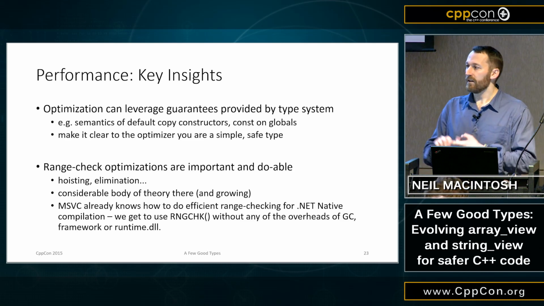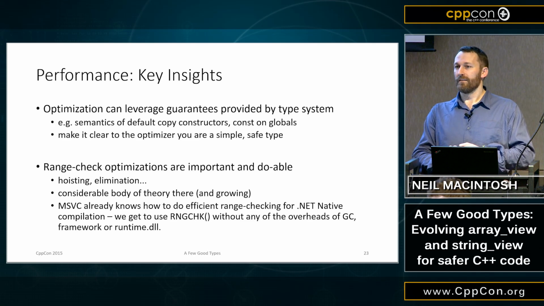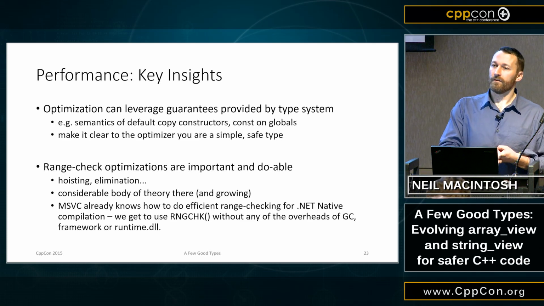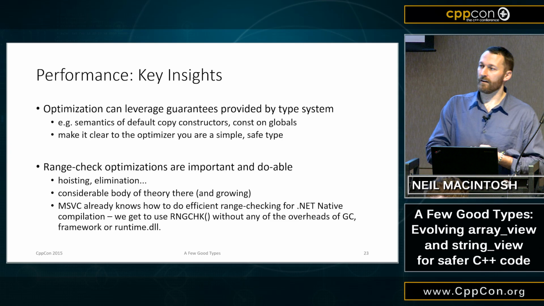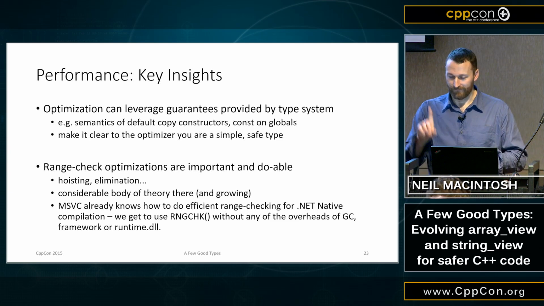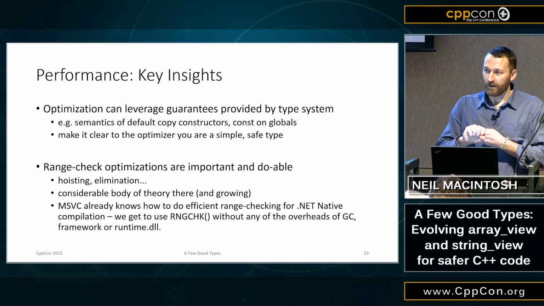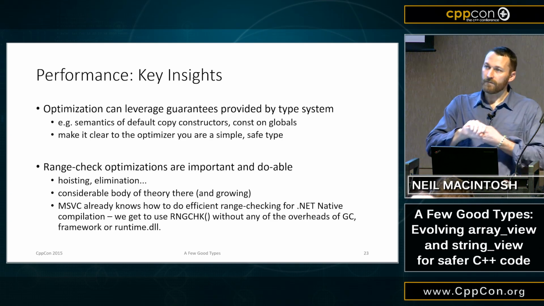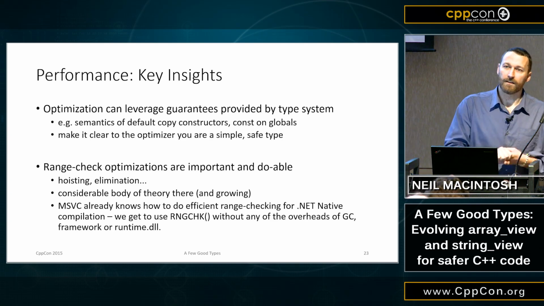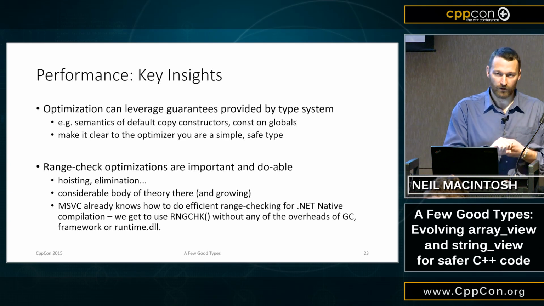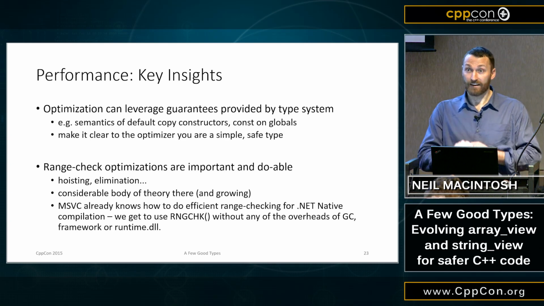The semantics of a const global array view help you optimize accesses to that global array view. How? I'll come to that in a moment. In each case, these type system semantics are making it clear to the optimizer that what you're working with is not changing. And that's the key.